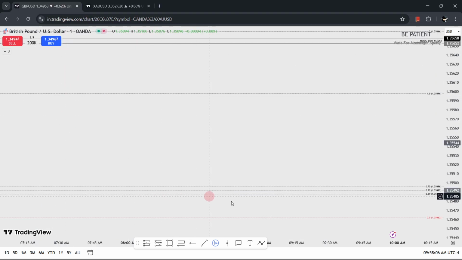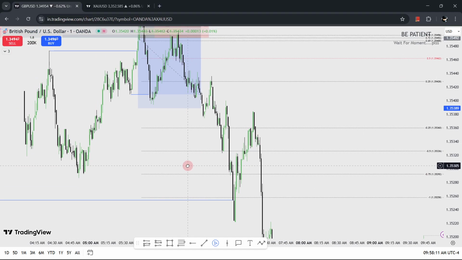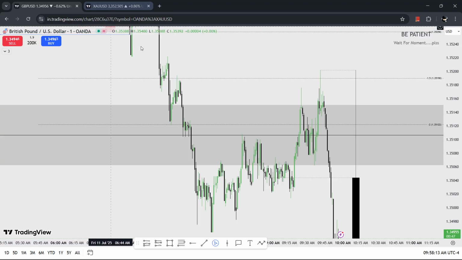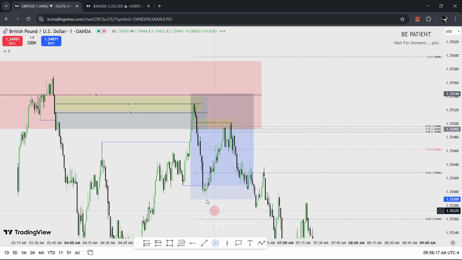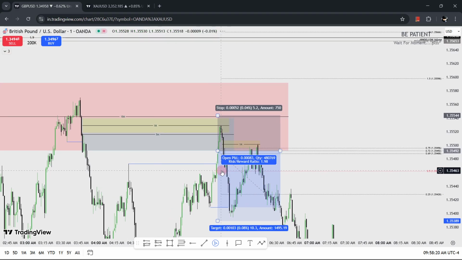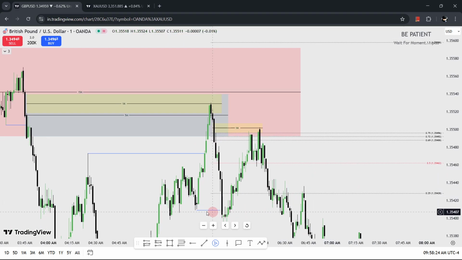Oh, we have another entry kind of thing here, but we'll be discussing that later. Again, coming over here, we have that low taken out here. We have that high here.